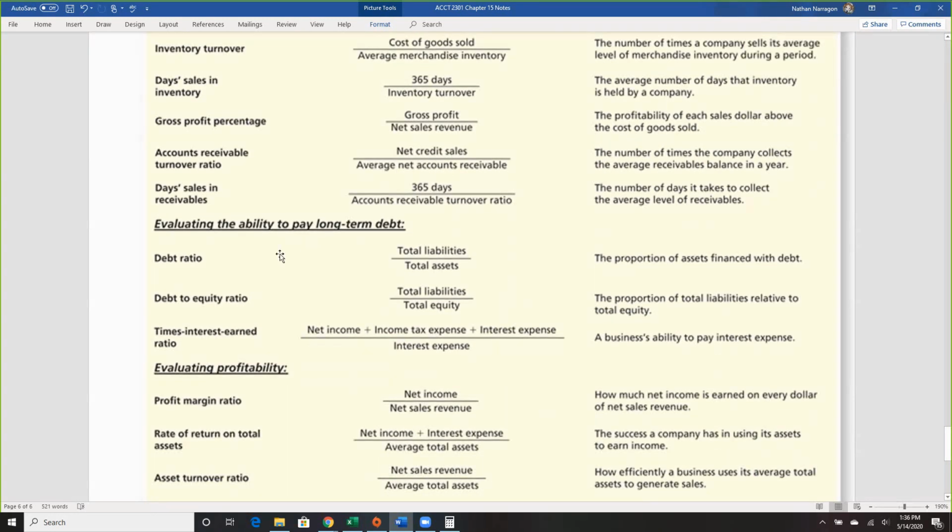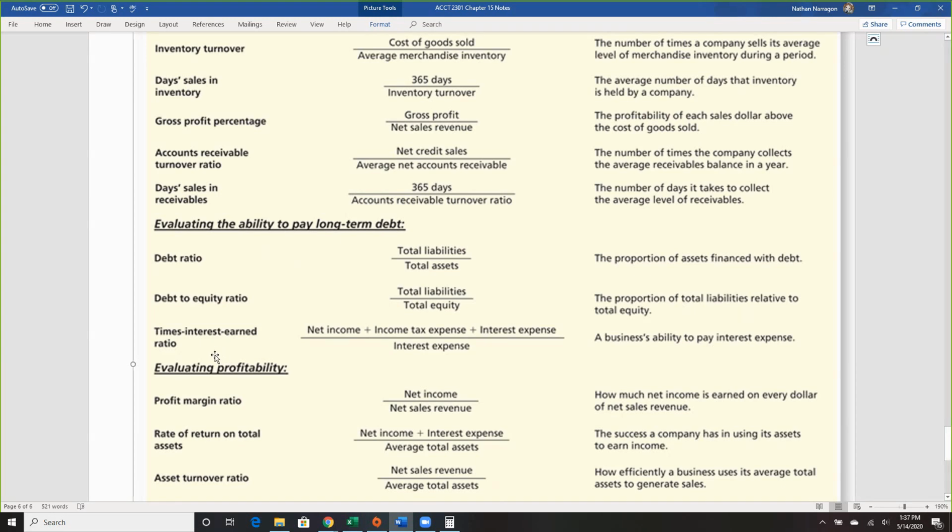We also have the ability to evaluate paying long-term debt, which is the classic debt ratio: how much of assets is financed with debt. Debt to equity is basically the portion of liabilities related to total equity, or we can get even to equity financing if we want to, the equity ratio.